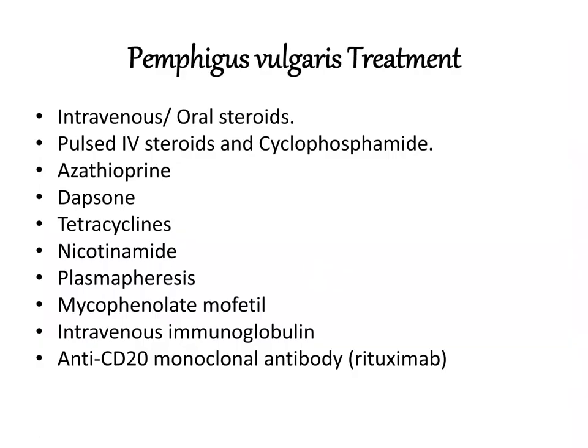So treatment. This is a severe disease which can be lethal if untreated. So we have to treat more aggressively than pemphigoid. So we go for intravenous or oral steroids. Sometimes we give a high dose of dexamethasone, 100 milligrams for 3 days every month with IV cyclophosphamide. So that is called DCP pulse.